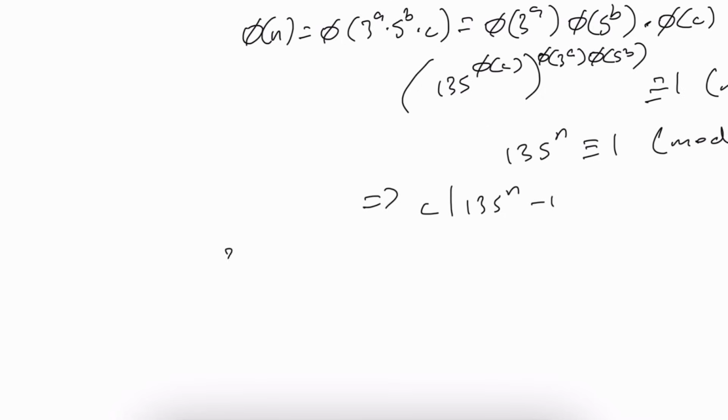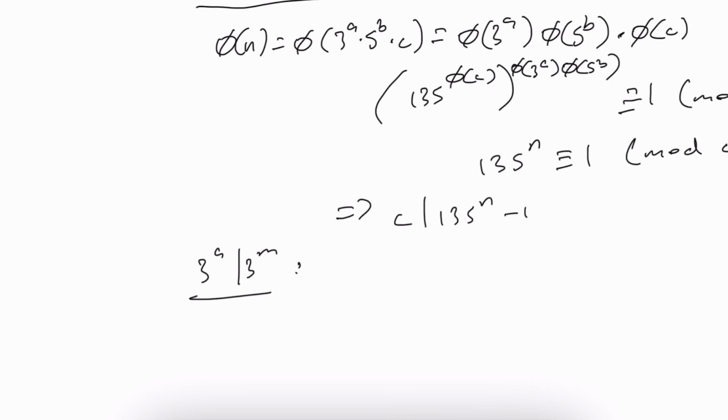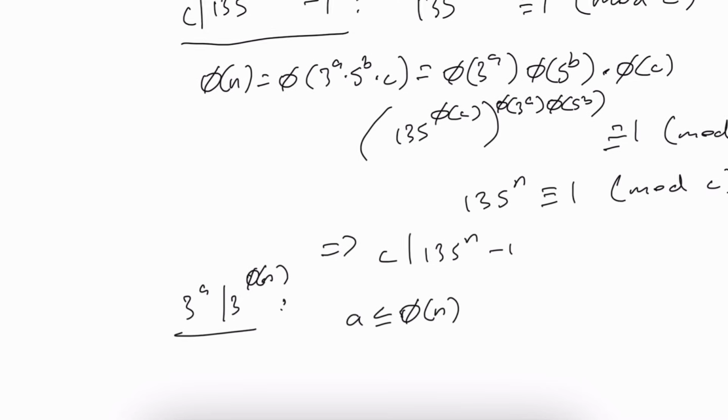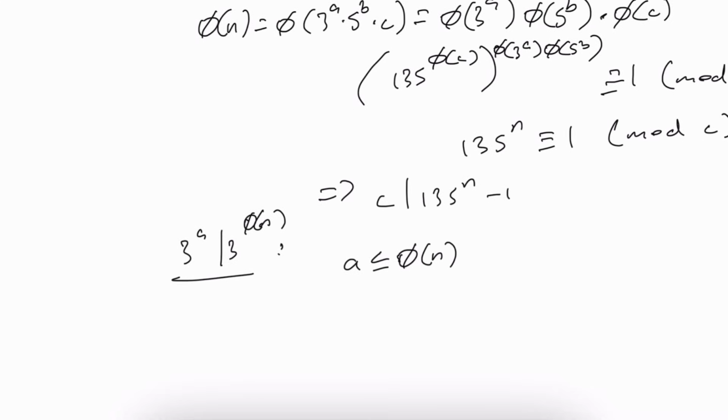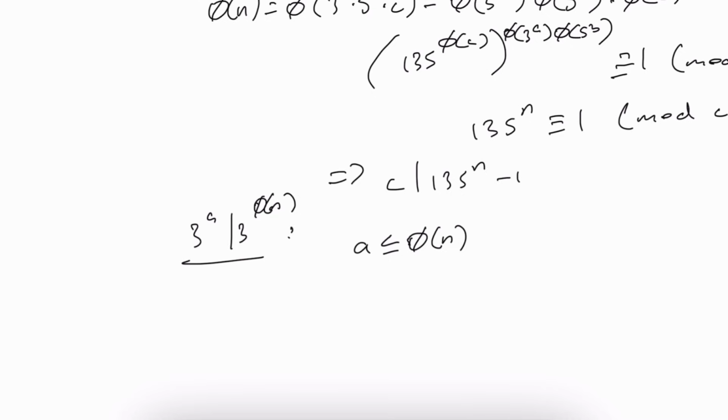So for the 3 case, this is equivalent to showing that a is less than or equal to phi of n, and there's actually an explicit formula to find phi of n, but I won't derive it.